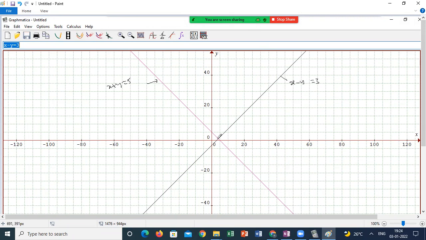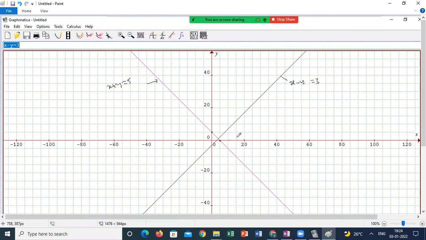That is the reason, if I zoom out, it meets at 5. If I take y equal to 0, x is 5. So 5 comma 0, and this will be 0 comma 5. You can see the coordinates very clearly here.